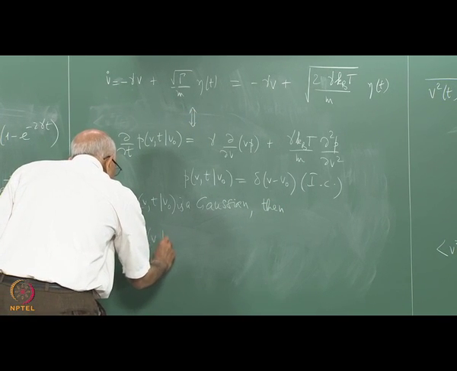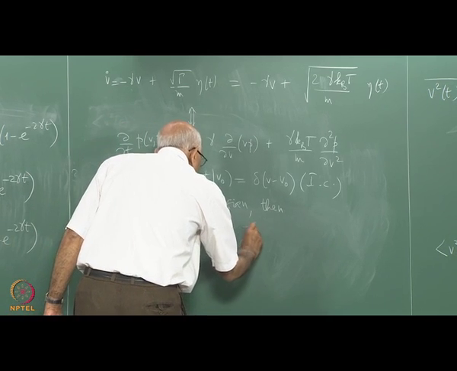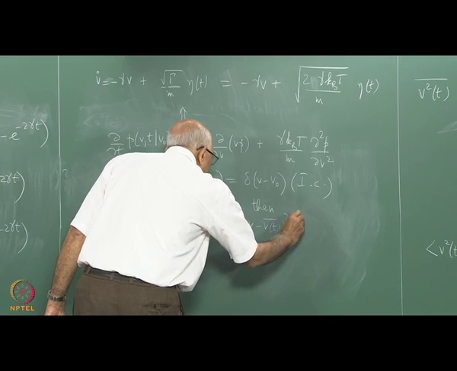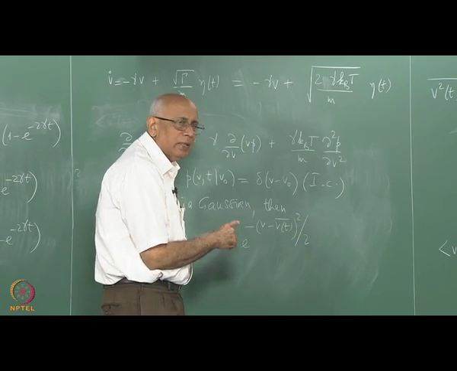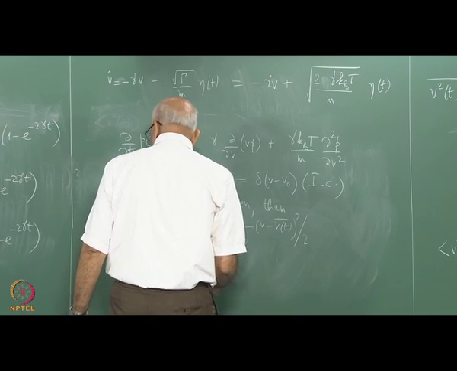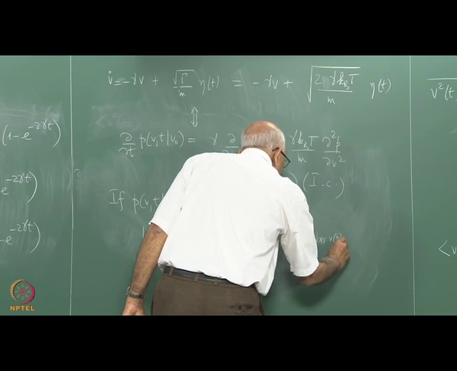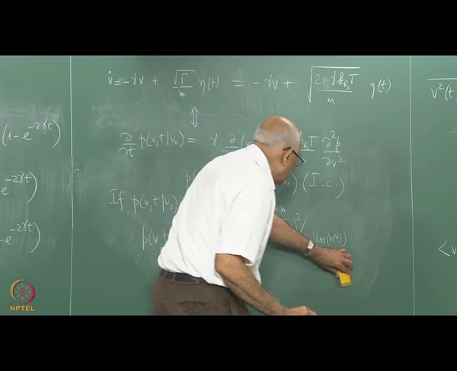P of v, t given v naught must be equal to e to the power minus v minus v of t bar, squared, over twice the variance, whatever it is, divided by the normalization factor.